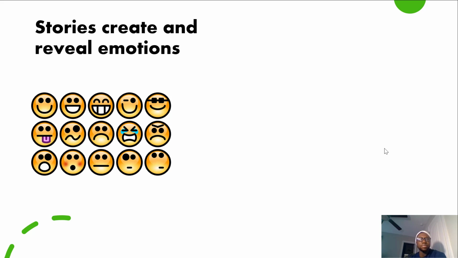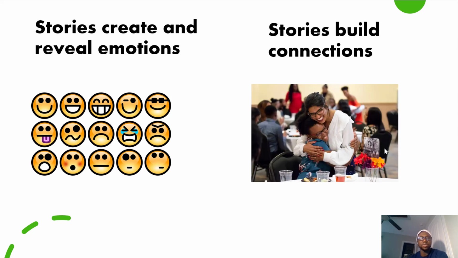So it creates emotions, and we use this a lot when we try to teach because we want our students to have some emotional attachment to the content that we are teaching them. So we try to use storytelling to reveal or to create that kind of emotions.